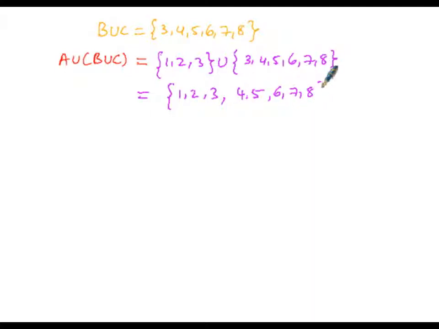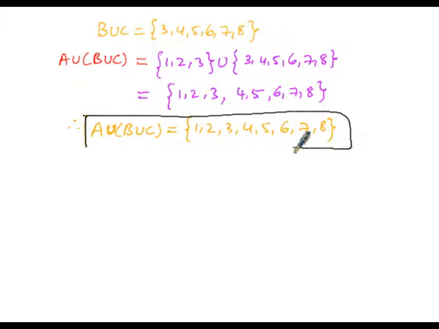Therefore A union of B union C is equal to the set consisting of 1, 2, 3, 4, 5, 6, 7 and 8.